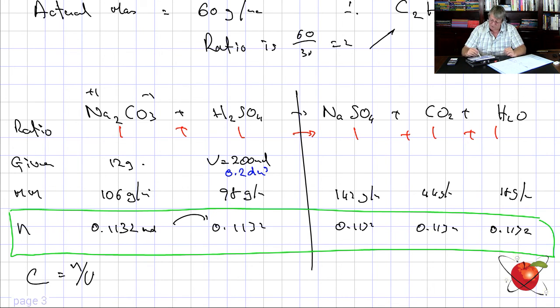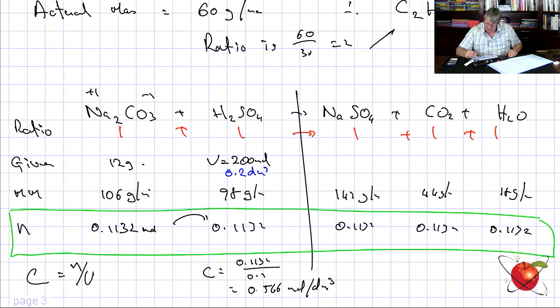Always remember to go back and make sure that you put everything in your units at the word go. So the concentration is 0.1132 over 0.2, which is going to be equal to 0.566 moles per cubic decimeter.